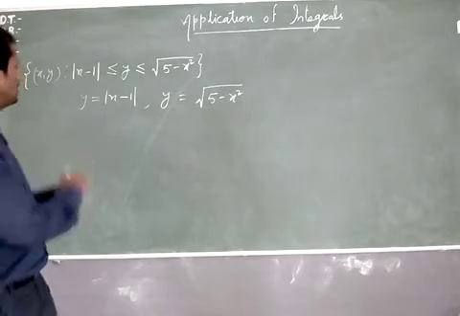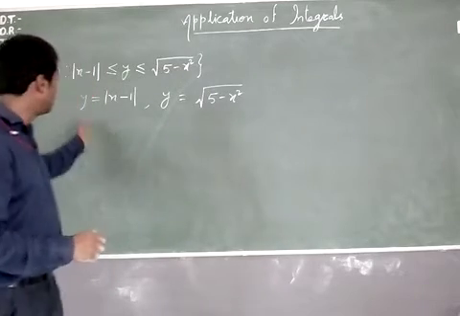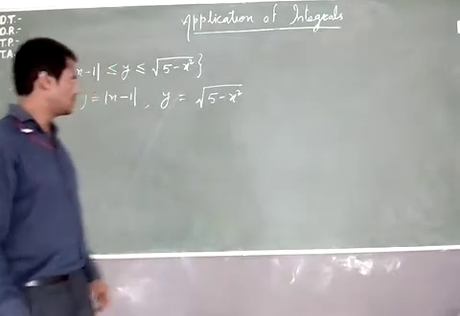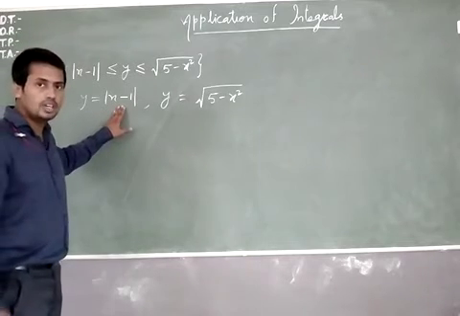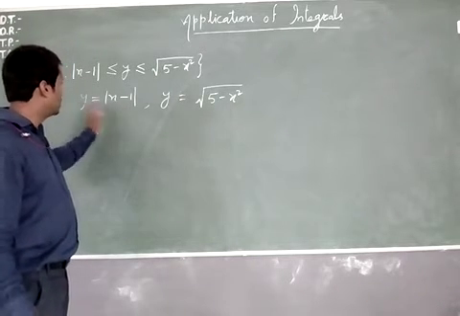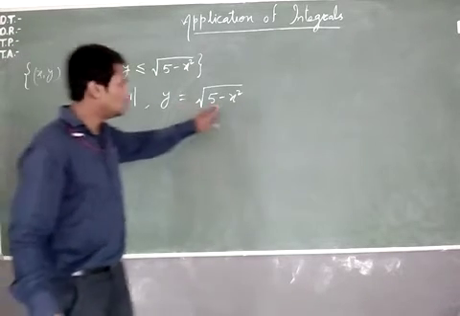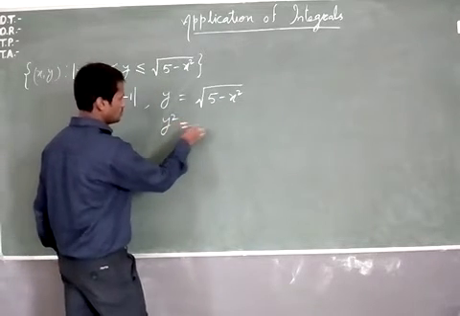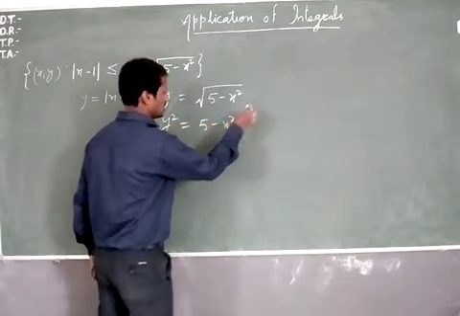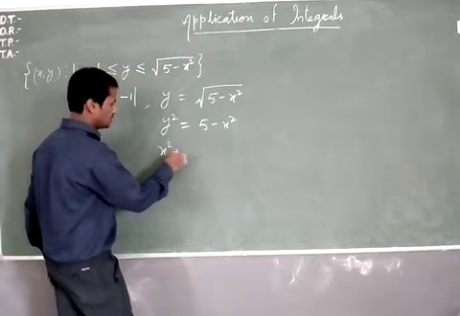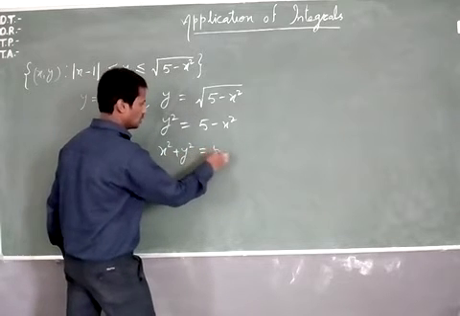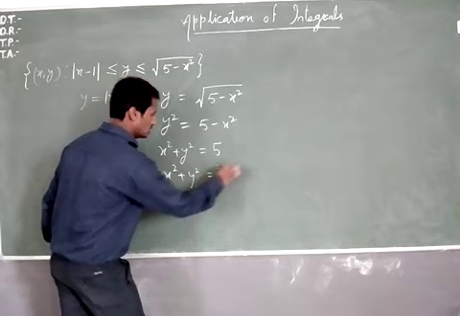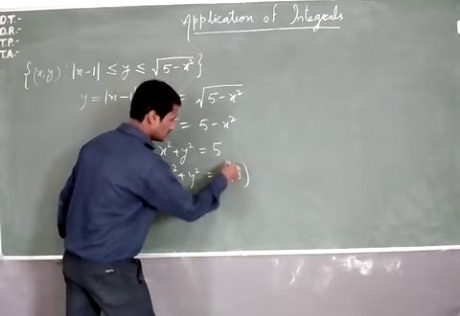We can separate the equations in the form of y equal to |x| - 1 and y equal to √(5 - x²). We know how to draw the graph of y equal to |x| - 1, and squaring both sides of the second equation we get y² equal to 5 - x², so x² + y² equal to 5.